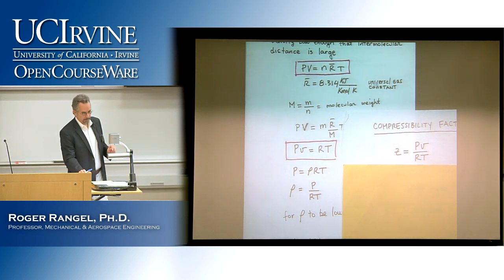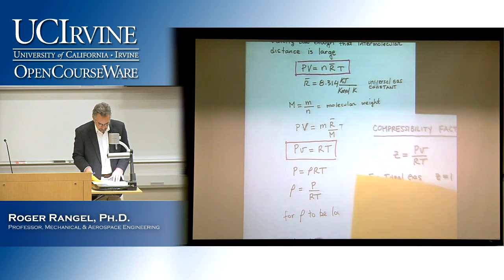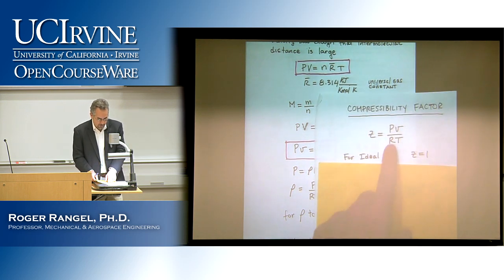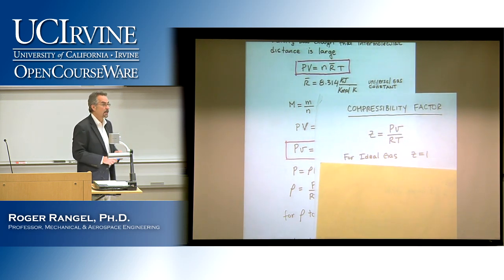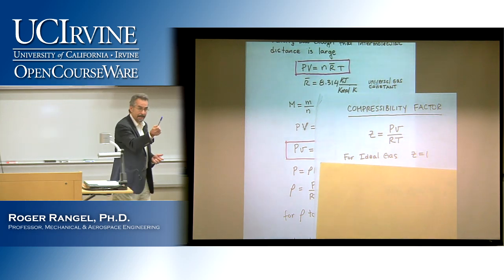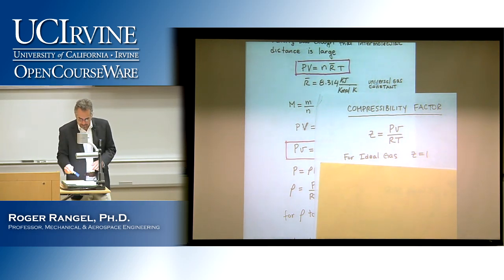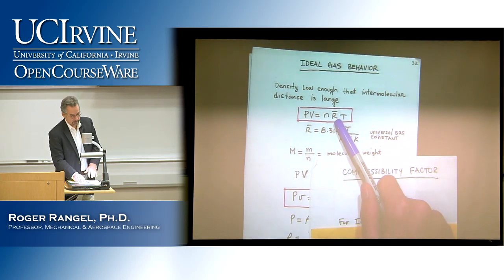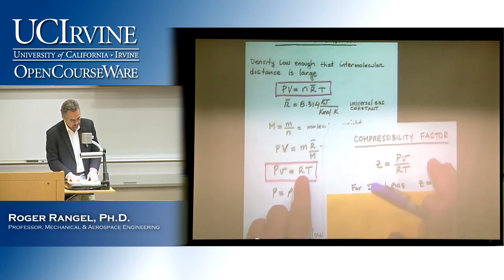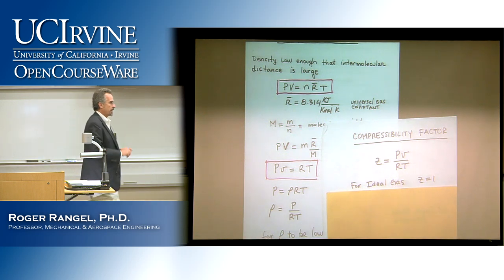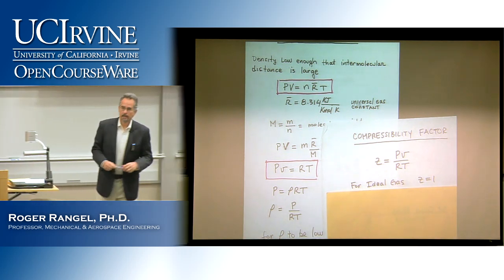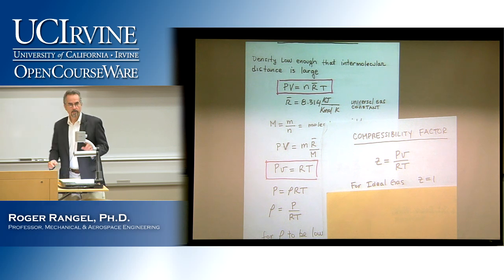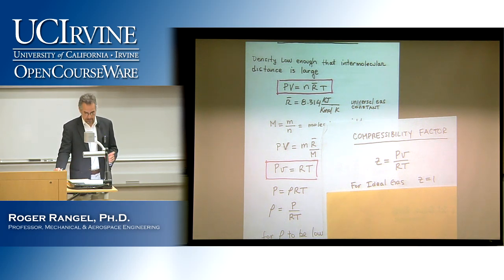It's nothing but a modification of the ideal gas law, because now I can write PV equals ZRT. The reason why it's not N, like you were saying, is because this is not the R that you see there, the universal one. This is the gas R, which we have gotten rid of the N by introducing the gas constant for the one gas that we're dealing with.